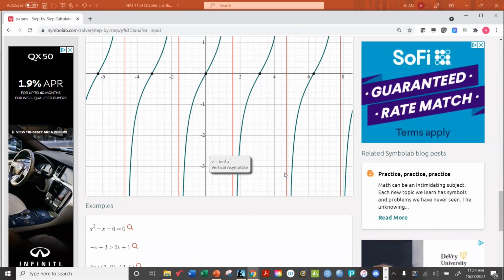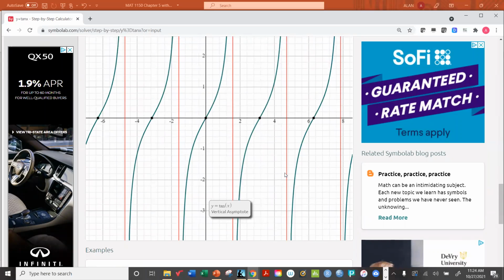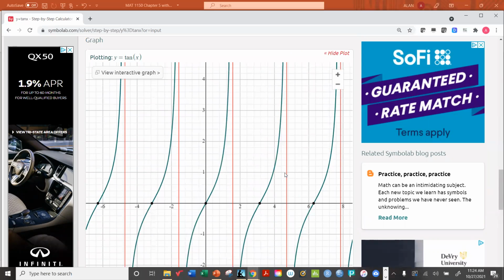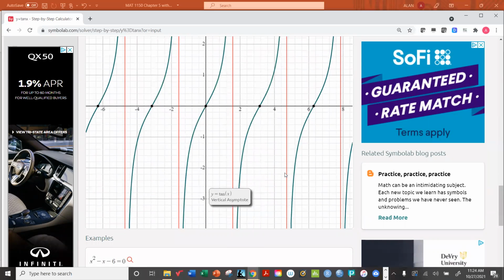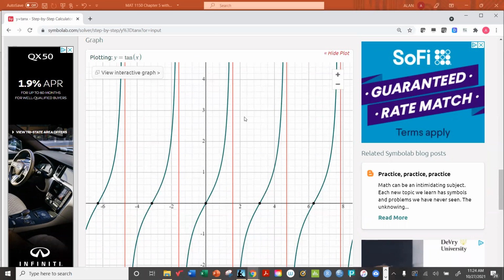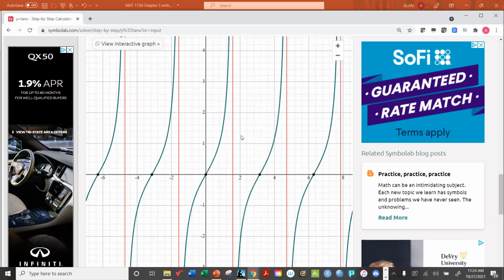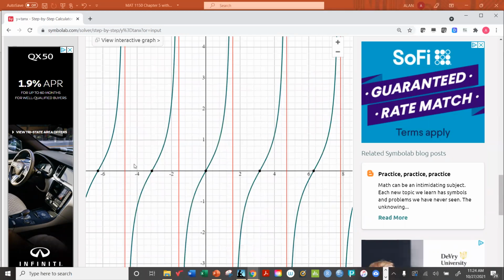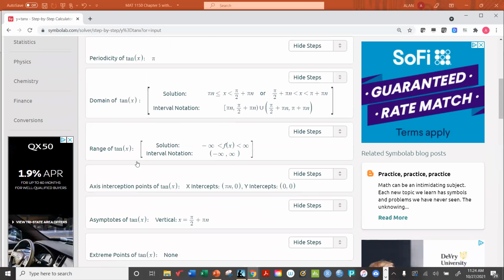So the domain, it looks like the domain is the entire real number line. Let's see, the range. It should say it right here. Well, all right. So it's the domain where there's pieces missing. The range is everything from negative to positive infinity.